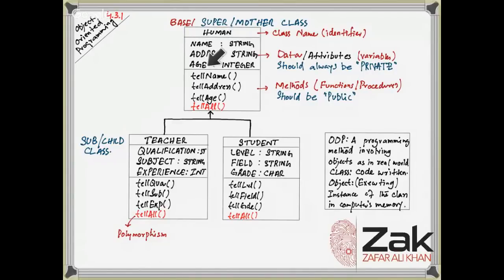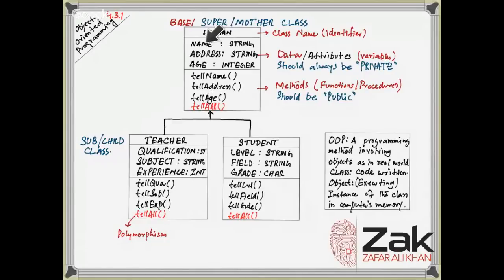So sometimes when the derived class has the same named method as the mother or base class, and you as a programmer want this same named method to behave differently in the derived class, it is called polymorphism. What does that mean?